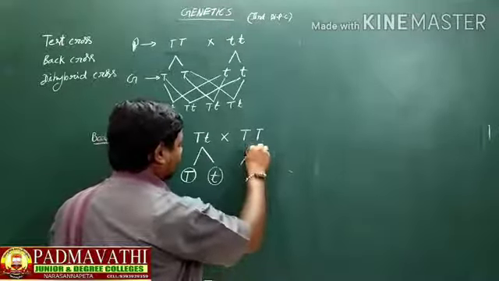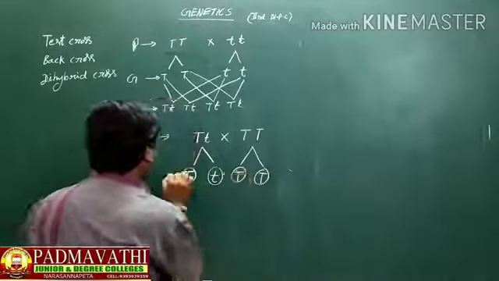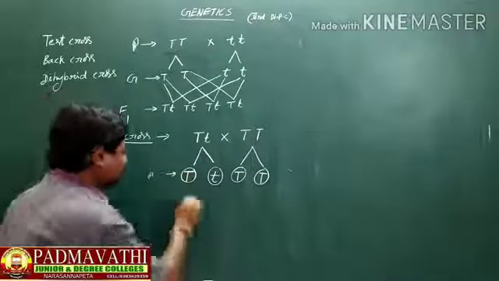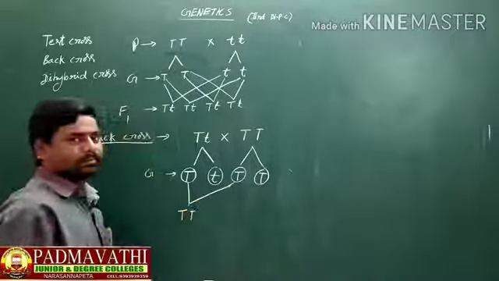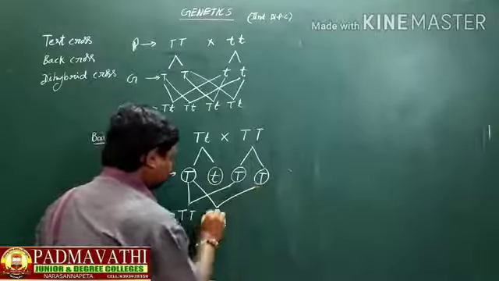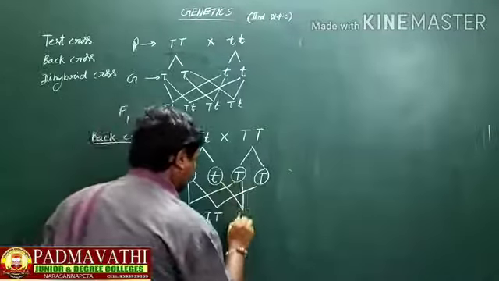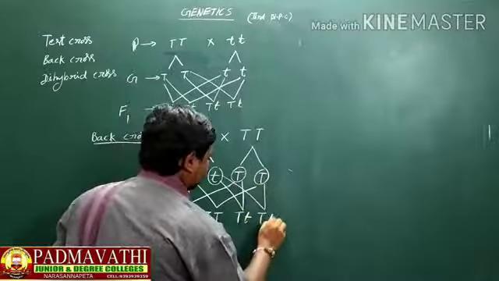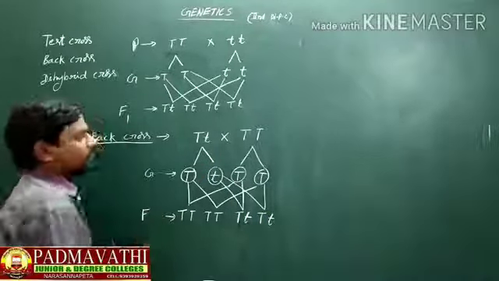Here big T. These are gametes. Now fuse them: big T big T, big T big T, big T small t, big T small t. So, this is the filial progeny.